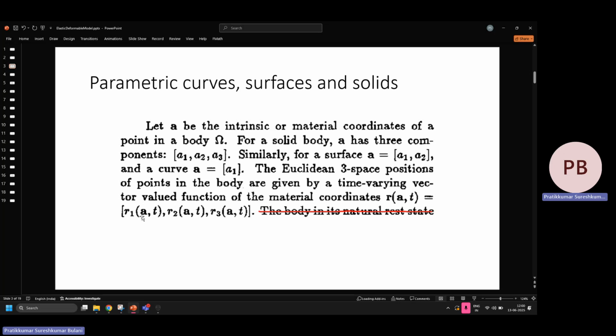In short X, Y, Z, the 3D coordinates in the Euclidean space, at time T. Just remember that in this paper, they call the parameter value A the material coordinates. They'll use it a lot, but it's actually the parameter value, nothing more.